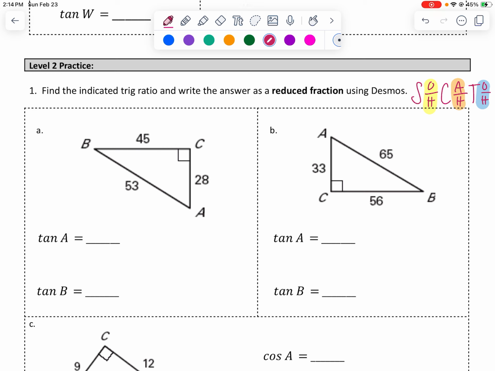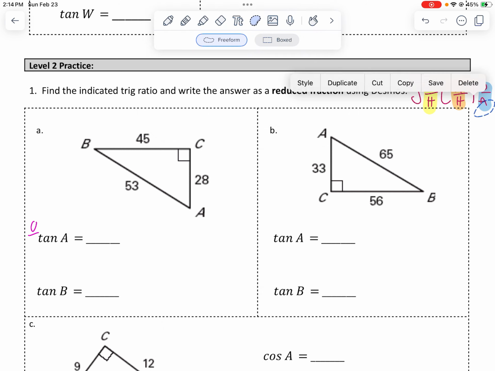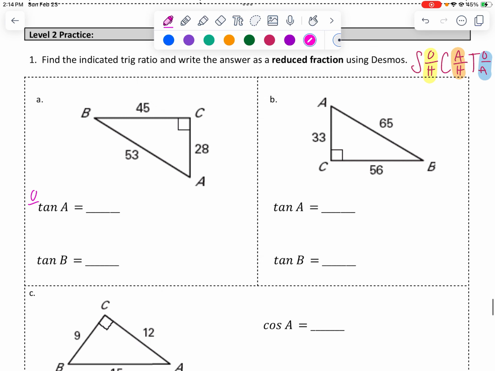So for part A, it says that we're finding the tangent of A and then the tangent of B. So already I'm going to go ahead and write tangent is opposite, no, I got that wrong. It's opposite over your adjacent side. Let me go ahead and fix this guy. Okay, so I have opposite over adjacent, opposite over adjacent.